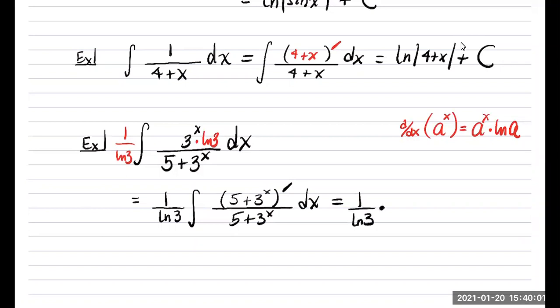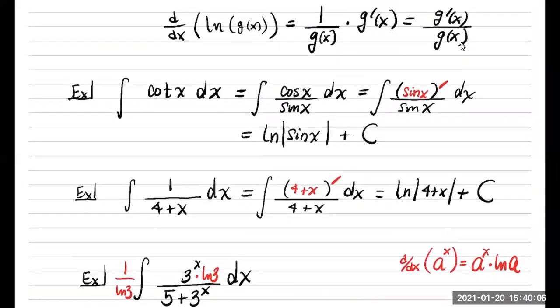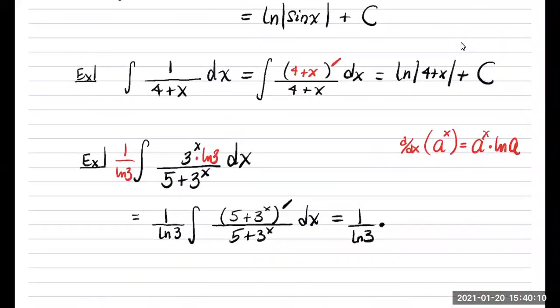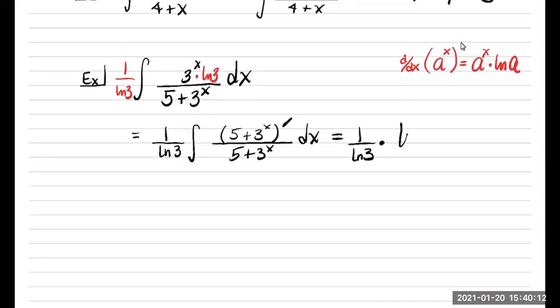Okay, so the top is exactly the derivative of the bottom. We know we have exactly this expression right here. That's what we're going for. And so we'll then have the natural logarithm of the quantity 5 plus 3 to the x.